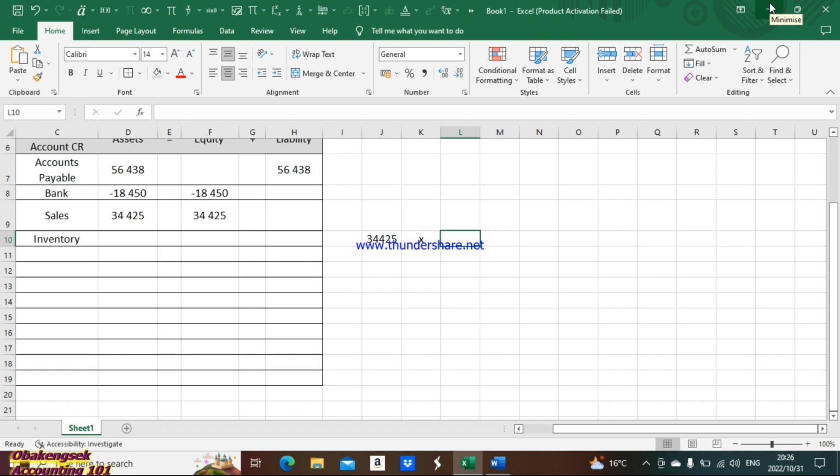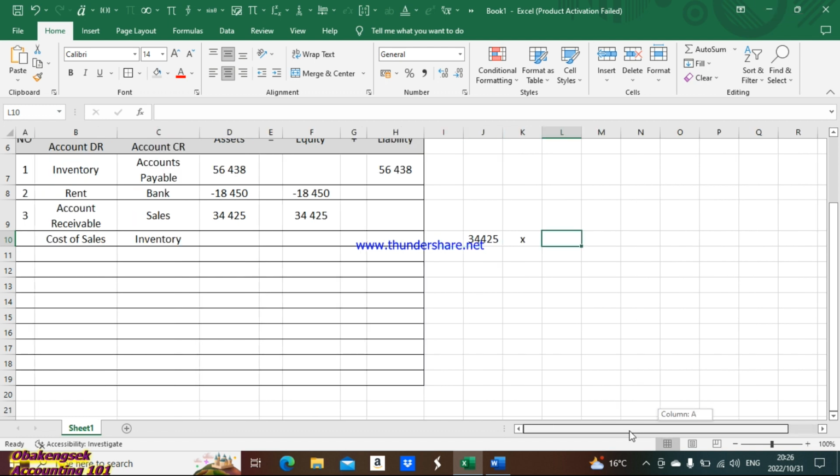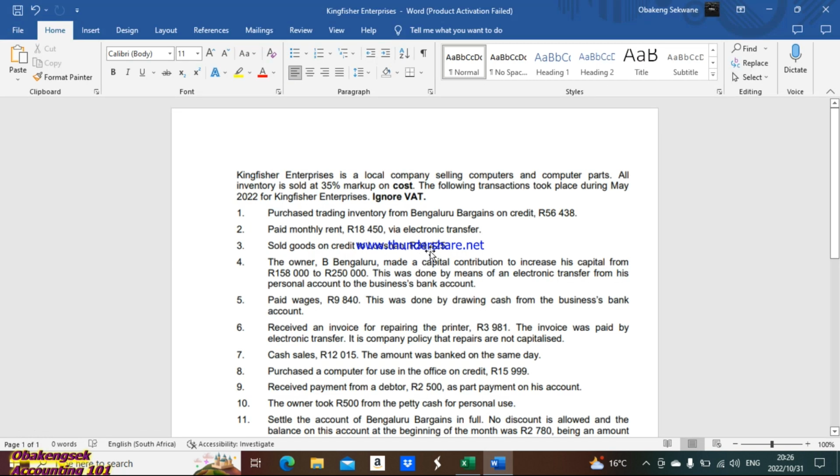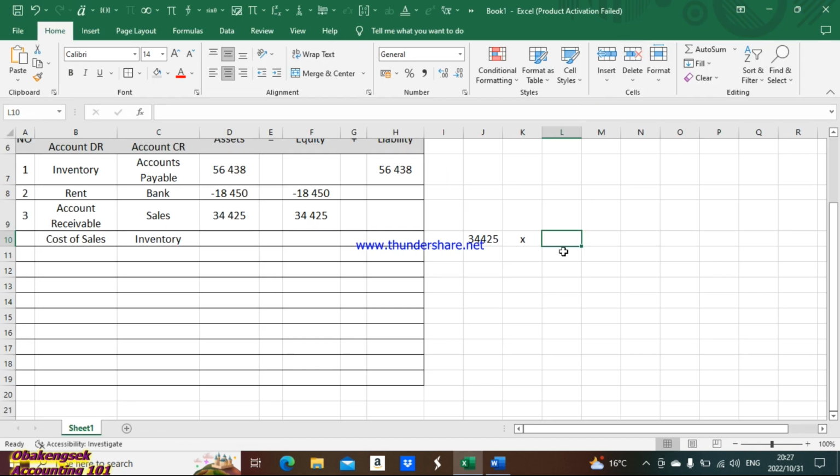So what we have is the selling price, not the cost price. Since we have the selling price, we say what we want over what we have. We want the cost price, which is 100%, divided by what we have. The selling price is the markup plus the cost price, so it's 100% plus 35%, which is 135.